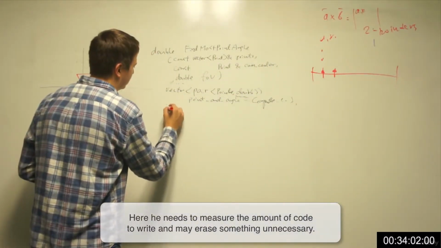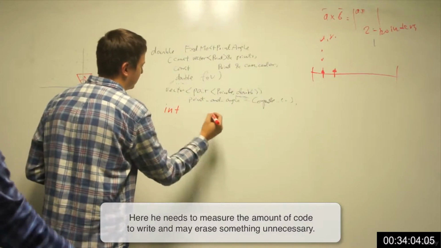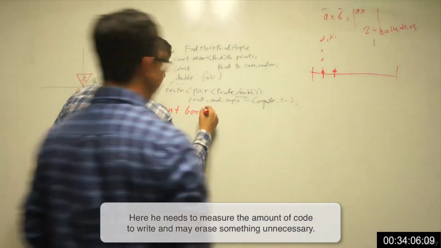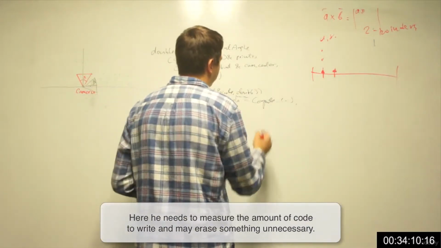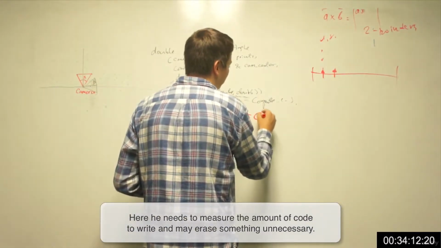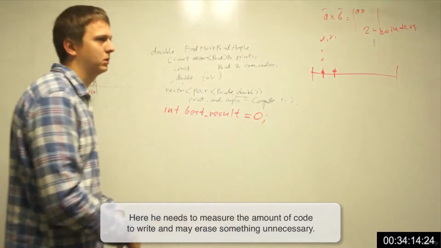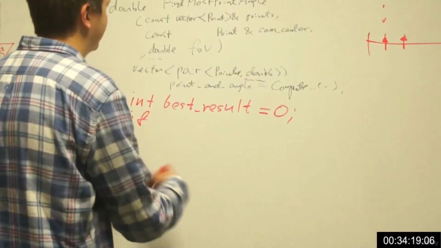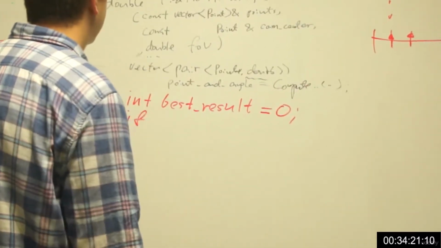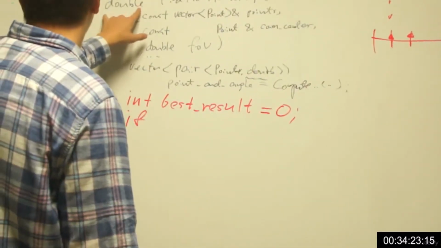It's an int best result. For example, if we have a 0-point array, we don't have results. We can check, for example, if size is zero, what do we return?